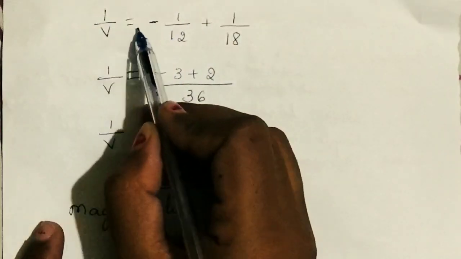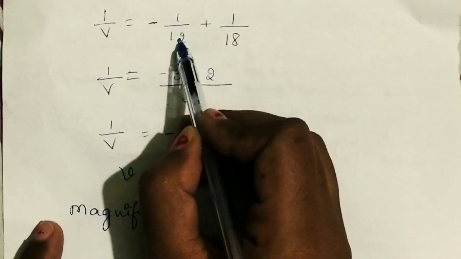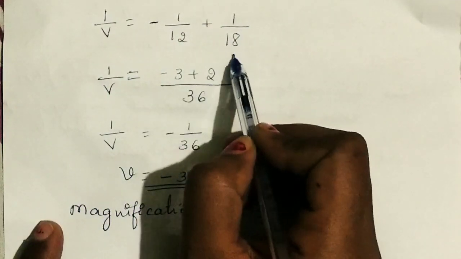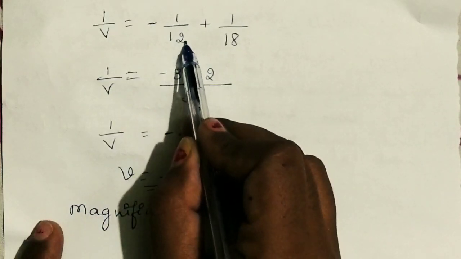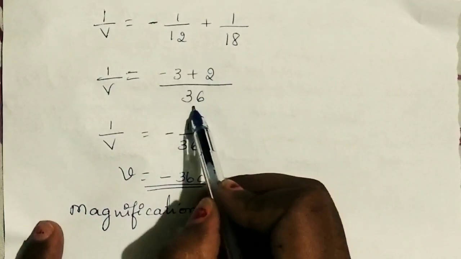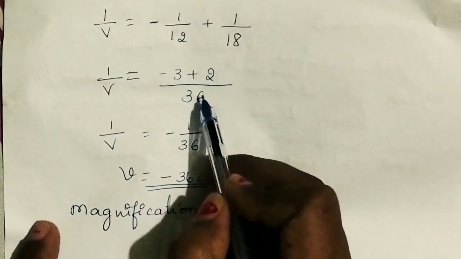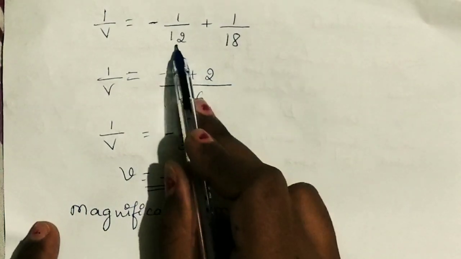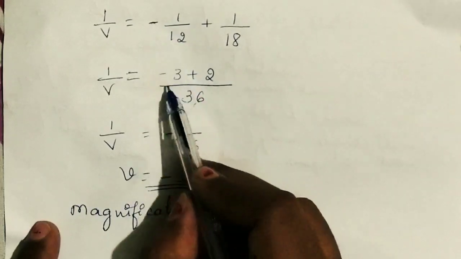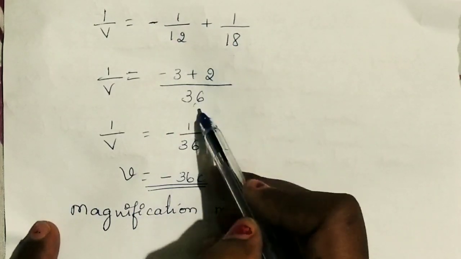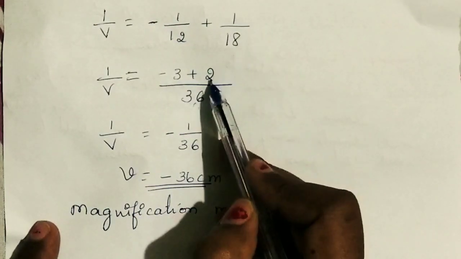So 1 by v is equal to minus 1 by 12 plus 1 by 18. Taking the LCM of 12 and 18, I will get 36. 12 3s are 36, so 3 into 1, 3 itself. So minus 3 plus, 18 2s are 36, so 2 into 1, 2 only.